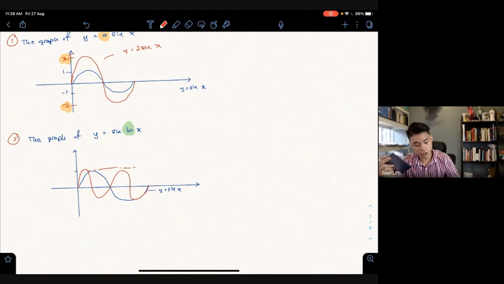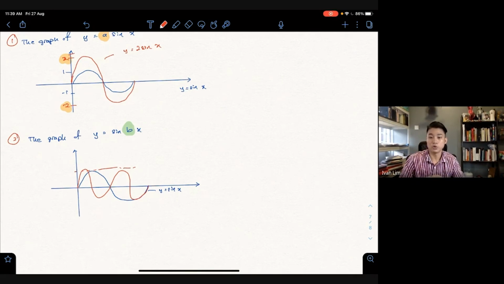So that's how the graph will be affected. You can see also in your textbook, it should give you the same value. So you all type into Desmos also.